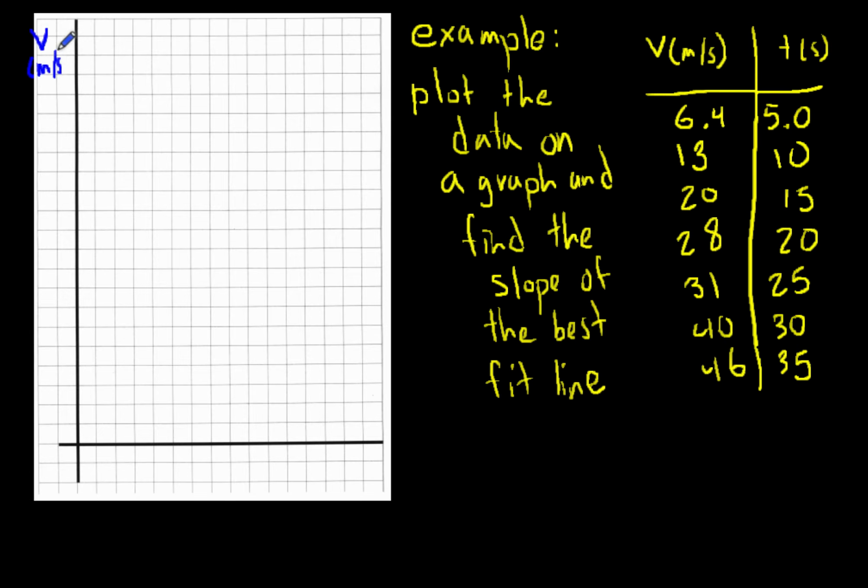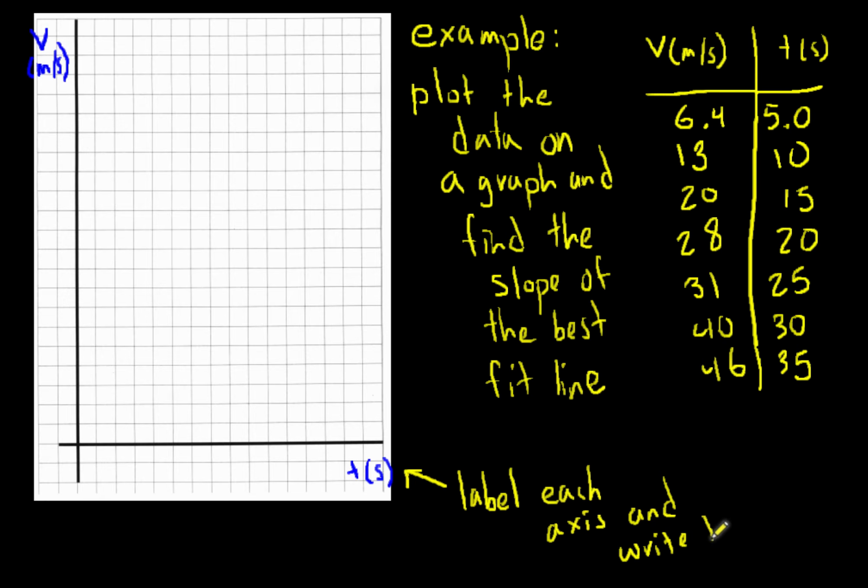We label the y-axis as v and give it the unit meter per second. The x-axis t with the unit seconds. It's very important that you always label the axis, saying what's being plotted on that axis and which unit you are using. Don't forget to write the unit.